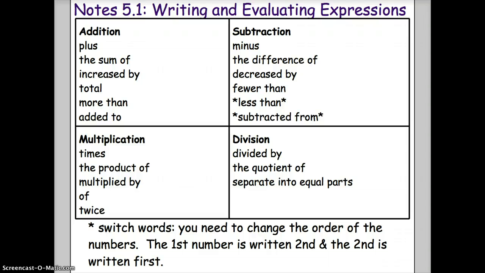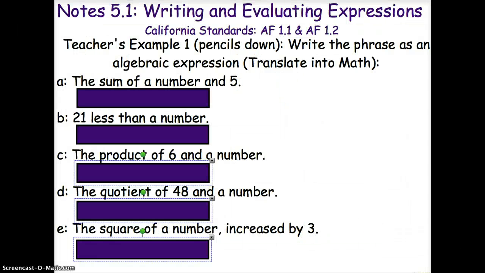That may not make sense to you right now, but when you see it in an example, you will understand. So, for example, if I have 2 less than 5, it means you're going to do 5 first, minus 2. So you're changing that order around. Again, if that was a little confusing, we will have some practice problems for you to see that.